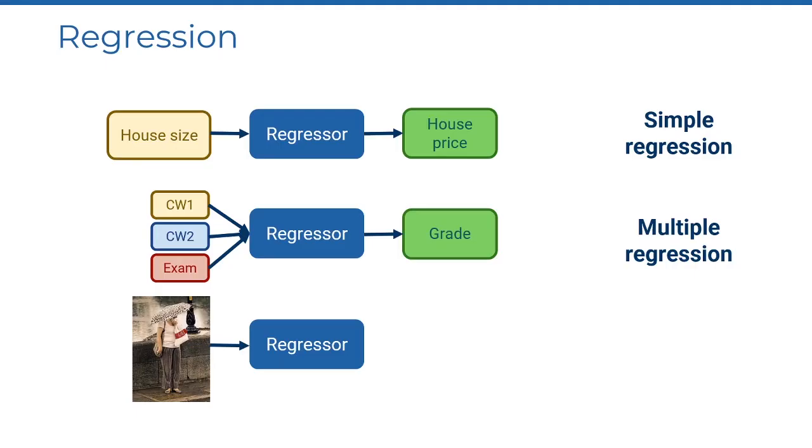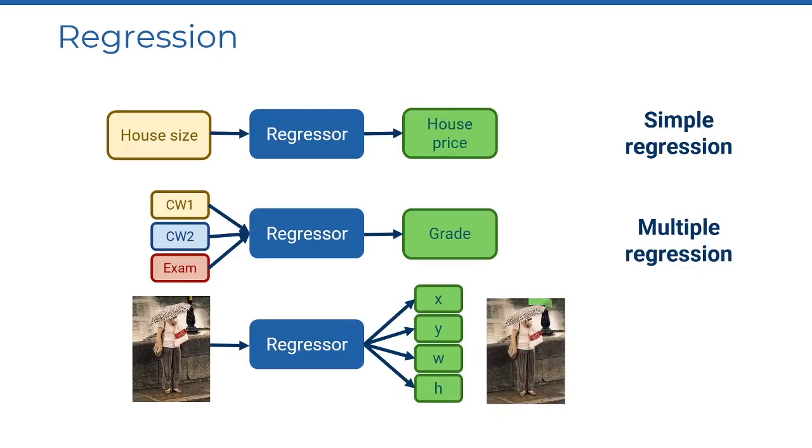And here's an example. This time the input is an image, which means it has multiple variables. The output is also multiple variables, where you try to predict the bounding box of the umbrella. X and Y would be, for example, the top left position of the box, and W and H are the width and height of the box.